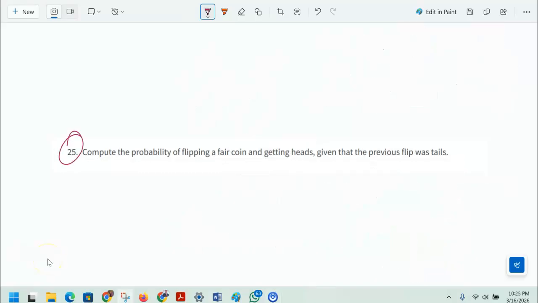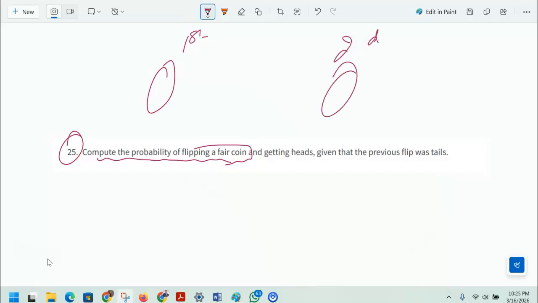Another way to do this is with the probability of flipping a fair coin. Even if you do it the first time, and then you do the second time, remember, these two events are totally independent. Whatever outcome shows up in the first case has no effect on the outcome here.